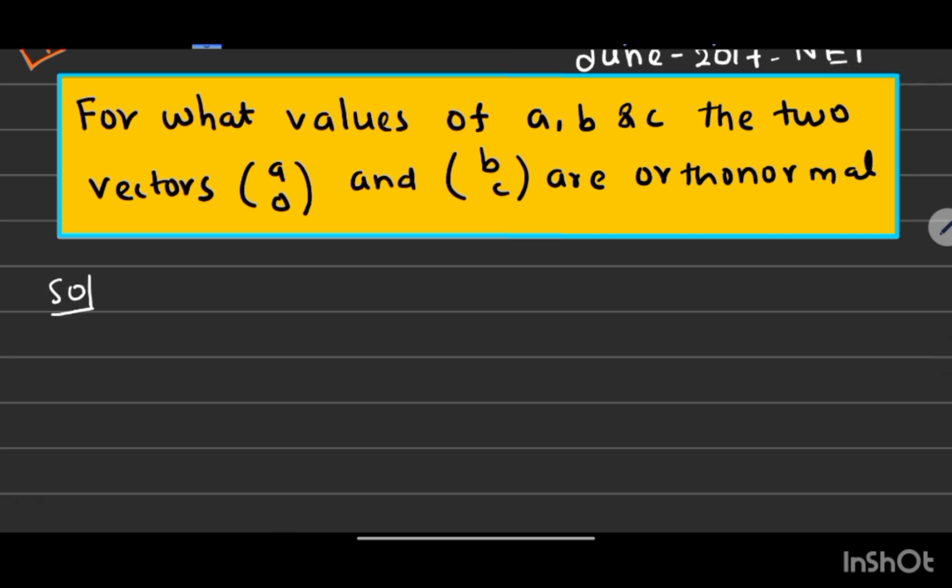So let's take the first vector. First vector is ket phi1, A 0, and second vector is ket phi2, B C. The condition is given as orthonormal, so if these two vectors are orthonormal, what should be the values of A, B, C? Let's use the orthonormality condition.